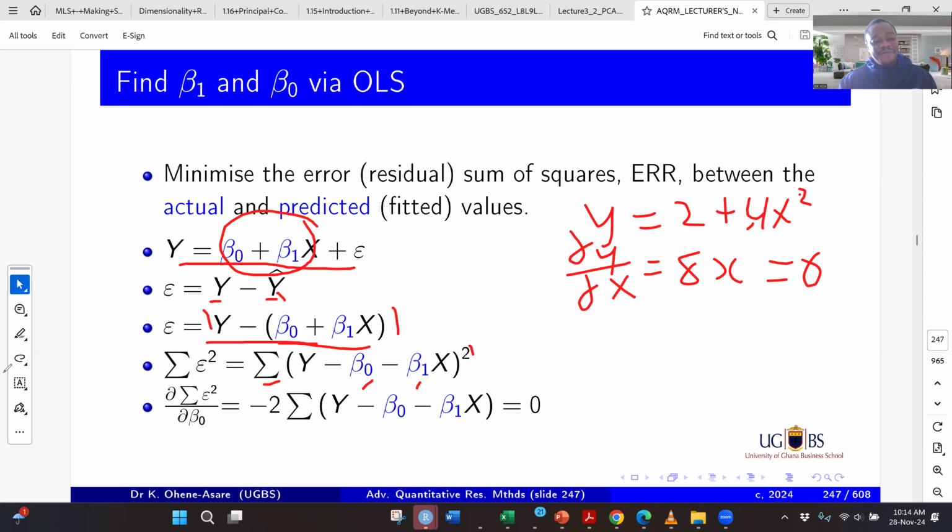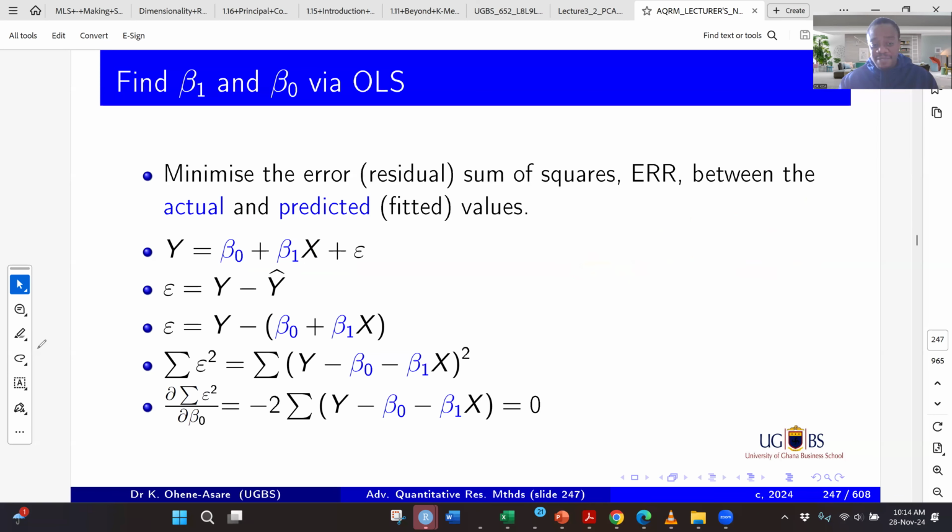Okay. Now, what you now do is the same thing here. Nothing changes here. All you're going to do is take this thing, and differentiate the whole of this thing with respect to beta naught. Anywhere there is no beta naught, you ignore it. If you differentiate this thing with respect to beta naught, remember the summation is multiplying beta naught.